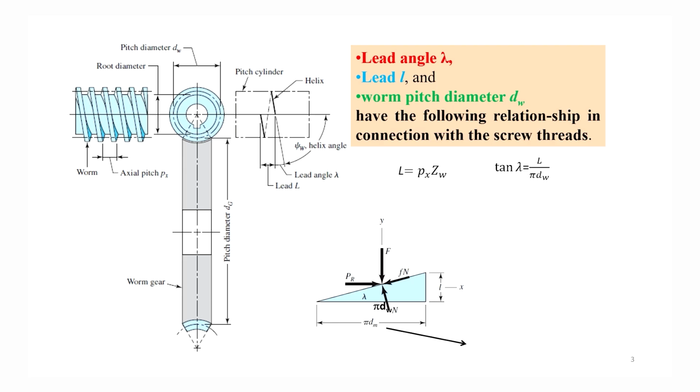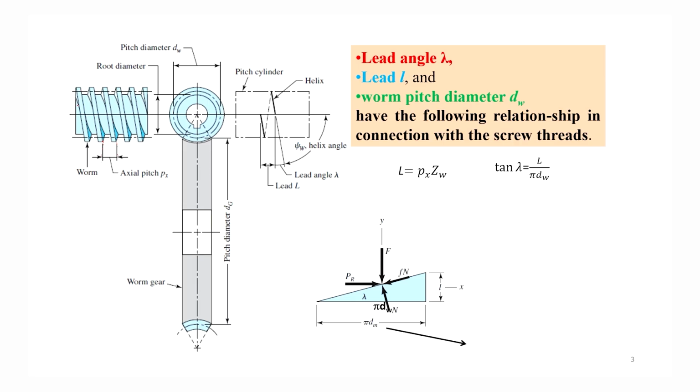Now, let us study in brief the different nomenclatures used in the worm and worm gear. This is a worm, and the distance between two consecutive points is called the axial pitch px. There will be a number of starts on the worm, similar to a screwed element.